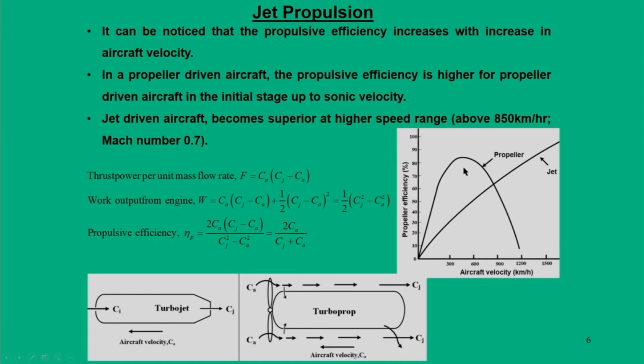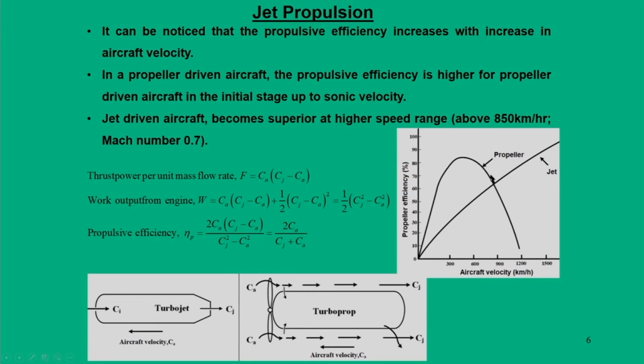But at one particular point, maybe about 700 or 800 kilometers per hour, somewhere here maybe about 600 kilometers per hour, this propulsive efficiency drops.